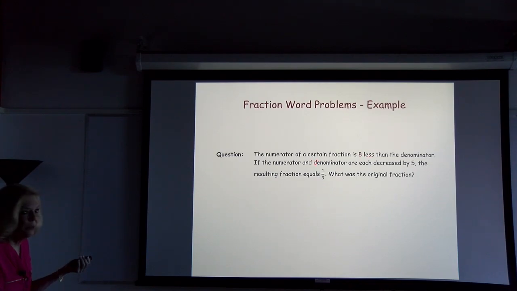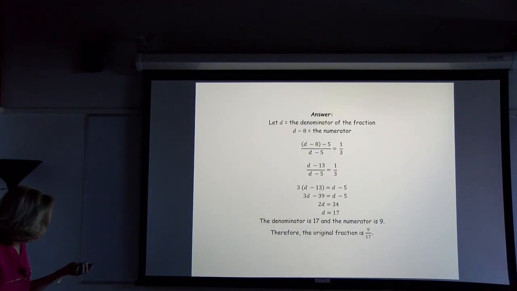It's 8 less, so it's going to be, X is your denominator. How would you represent a numerator that is 8 less? Go ahead. Anybody? The denominator is X and the numerator is 8 less, so it's going to be X minus 8. So they use D for denominator. That makes it a little bit easier also.